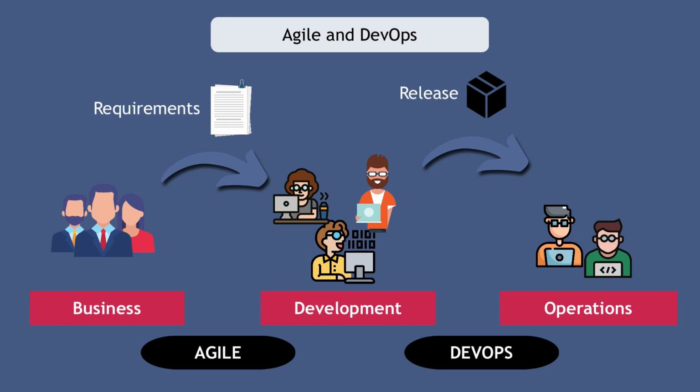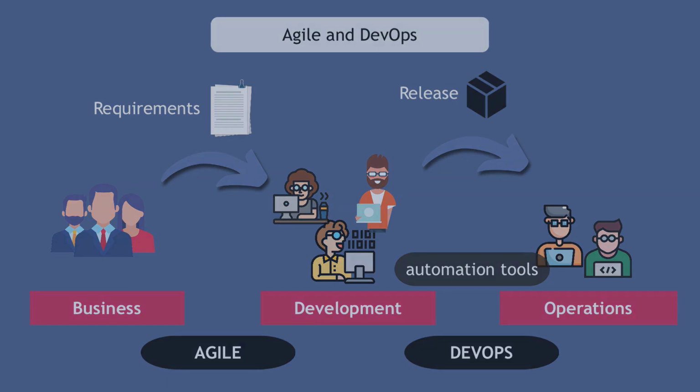As I said, at the core of DevOps is continuous integration, continuous delivery, or deployment, in order to make sure that each feature and bug fix is released as fast as possible, as well as automation tools to make the process faster by replacing the human tasks with automated tools.